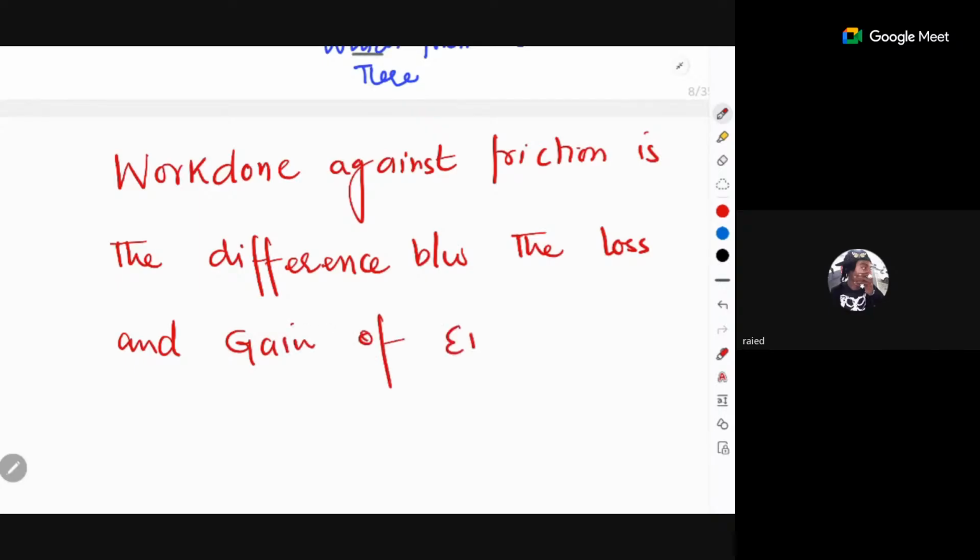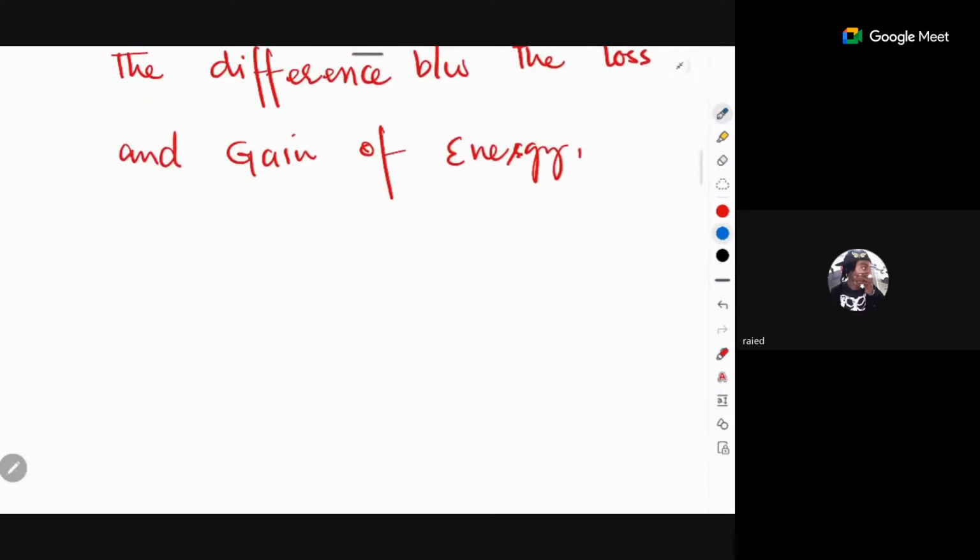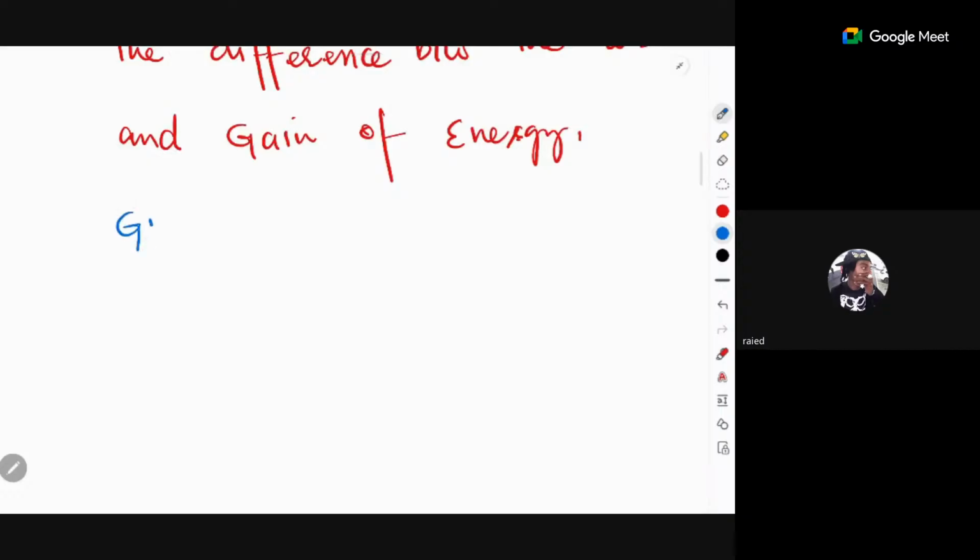What does it mean? That if you are going to lose some energy, for example, the gravitational potential energy was lost in the above example.